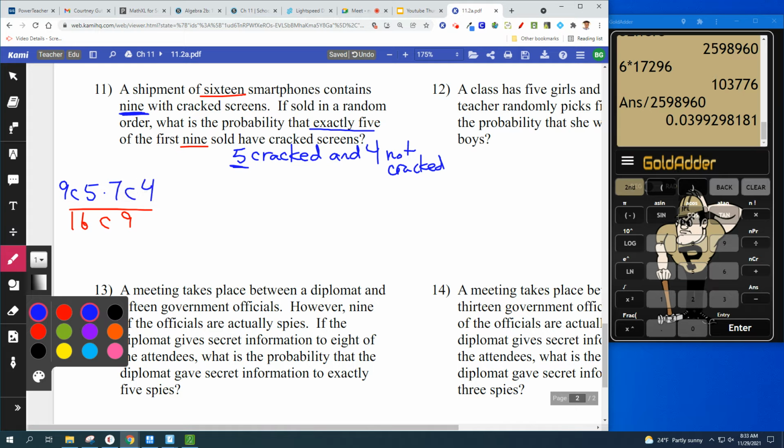If you think about it, it makes perfect sense. 9 of those things are cracked. We're getting 5 of them. I don't know which 5. And also 7 are not cracked. I'm getting 4 of them. I don't know which 4.